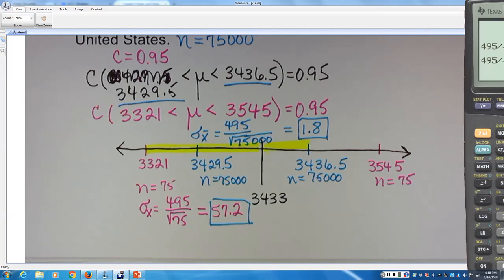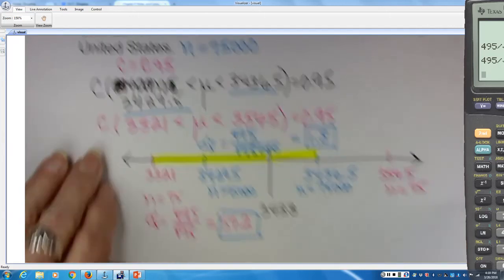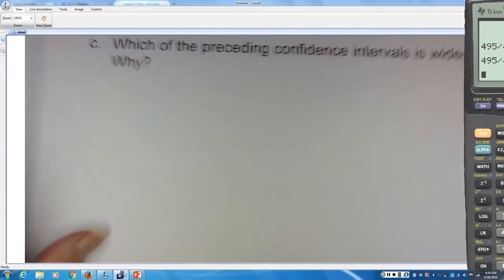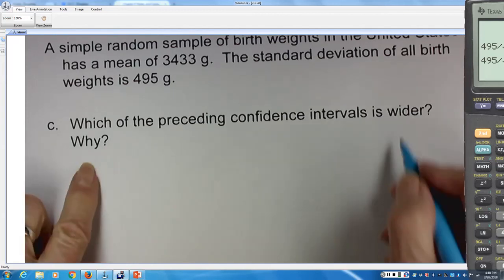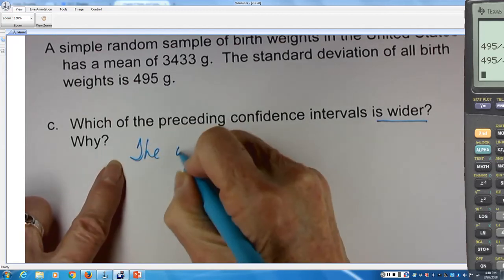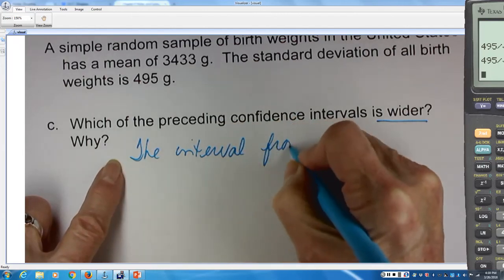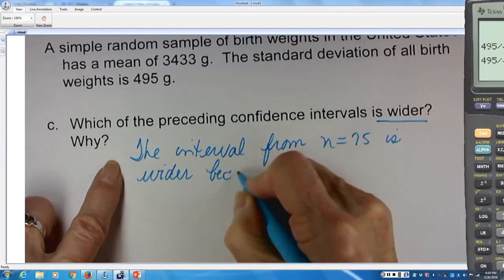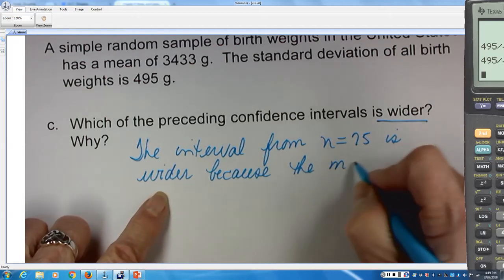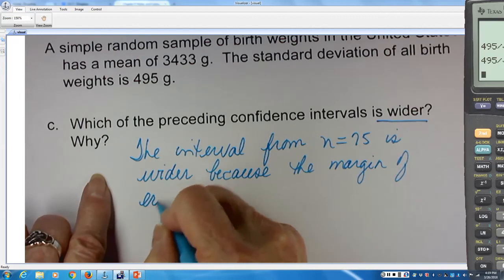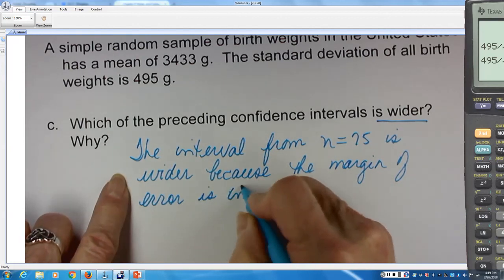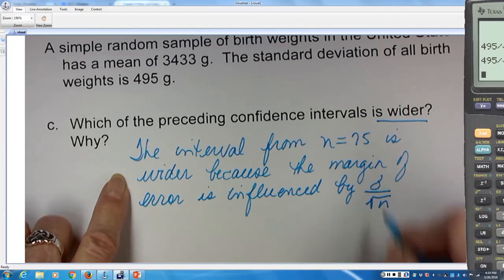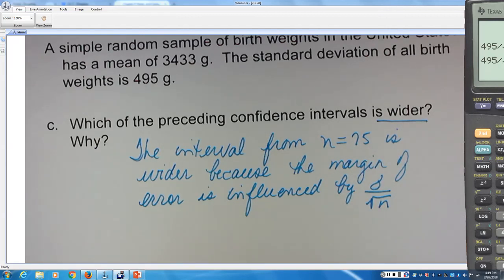So the answer would be, yes, the answer to our question here is that, since it said which one is wider, and that's because the margin of error is influenced by sigma over the square root of n.